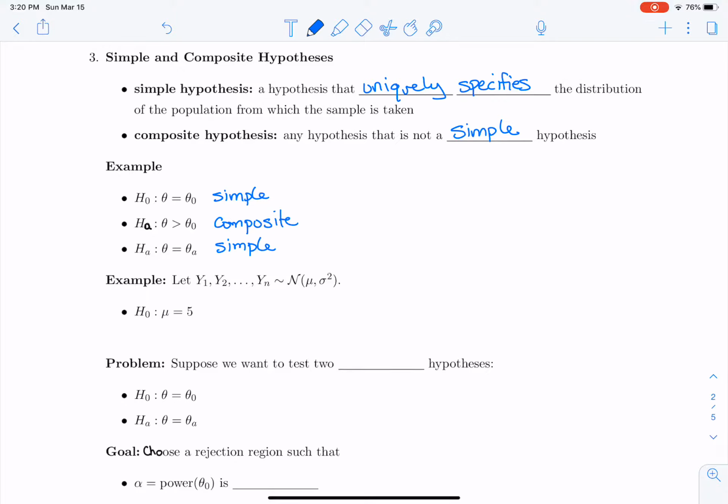We could also consider random variables y1 through yn coming from a normal distribution of mean mu, variance sigma squared. And the null hypothesis mu equals 5 would be simple, but only if sigma is known.